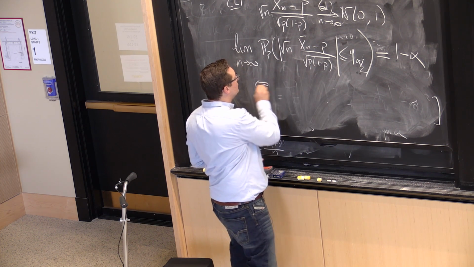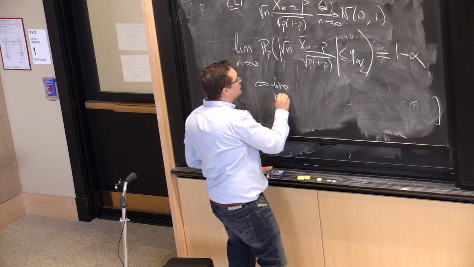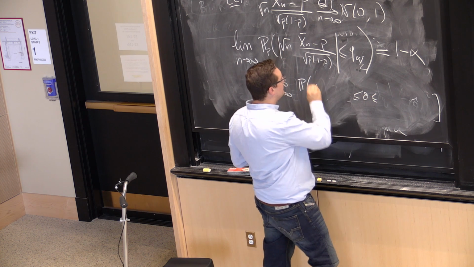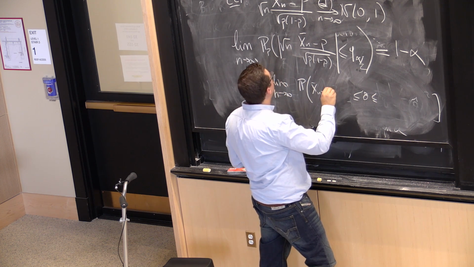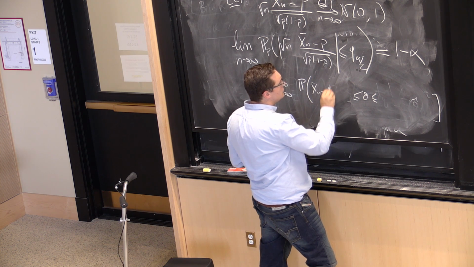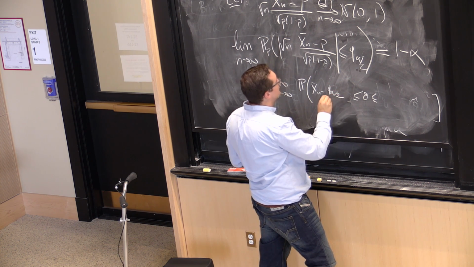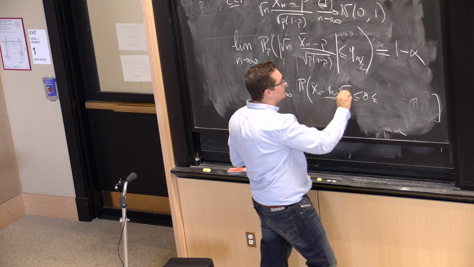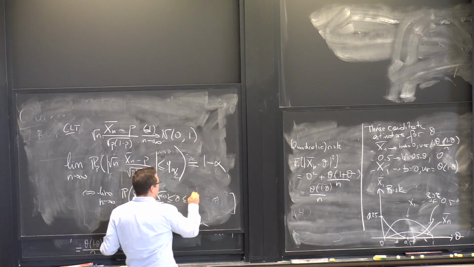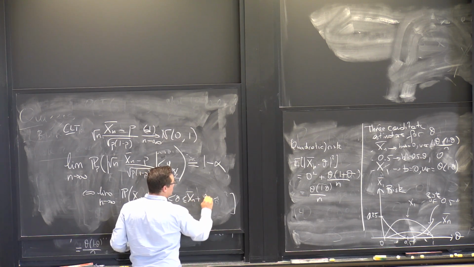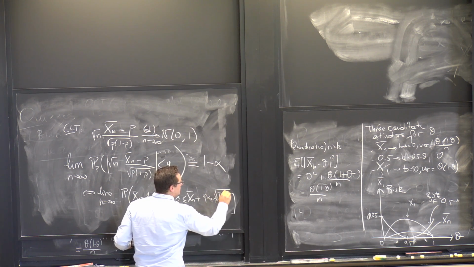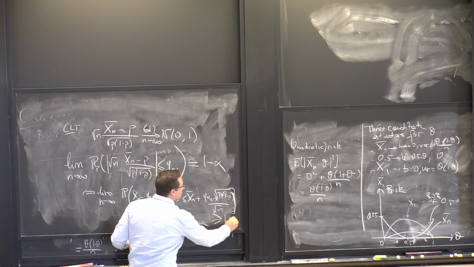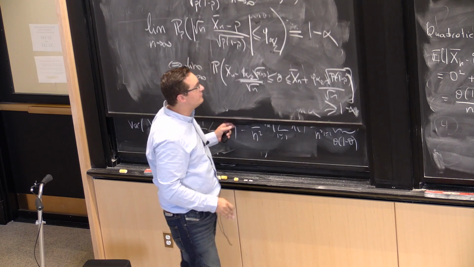So this is equivalent to the limit as n goes to infinity of the probability that theta is between Xn bar minus q alpha over 2 times square root of p(1 minus p) divided by square root of n, and Xn bar plus q alpha over 2 times square root of p(1 minus p) divided by square root of n, is larger than or equal to 1 minus alpha. And so there you go. I have my confidence interval.